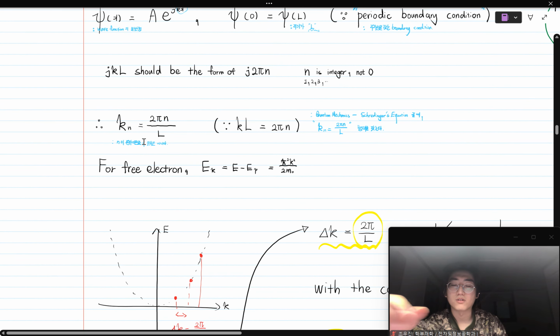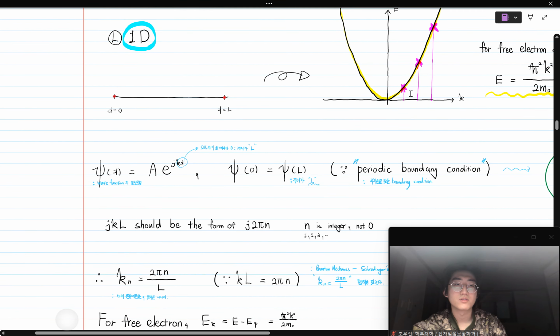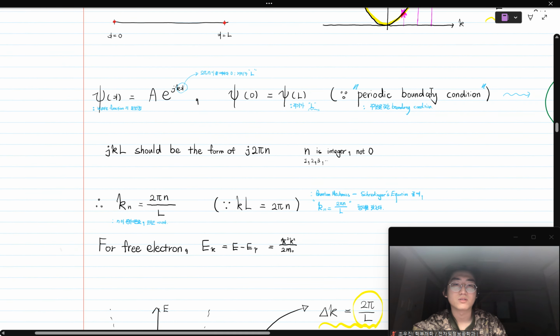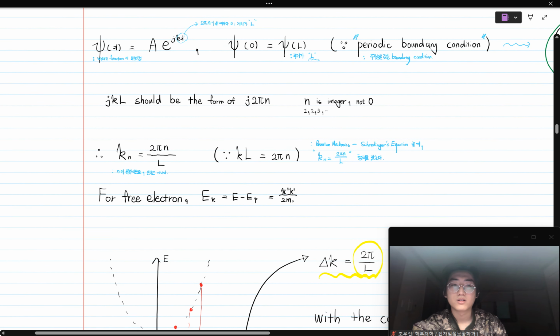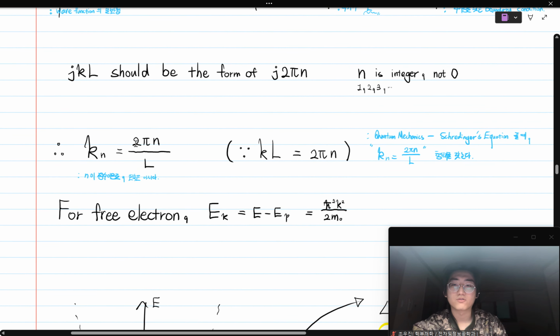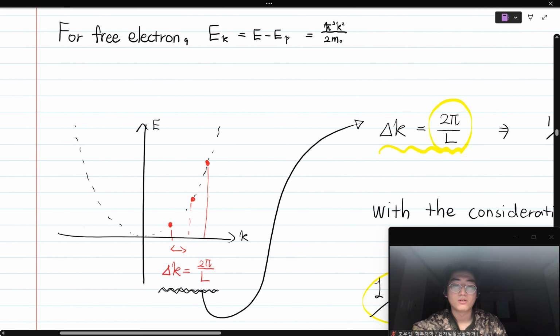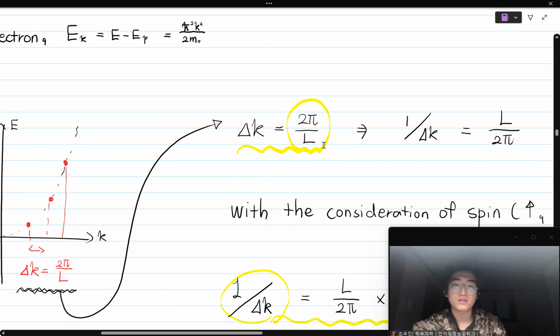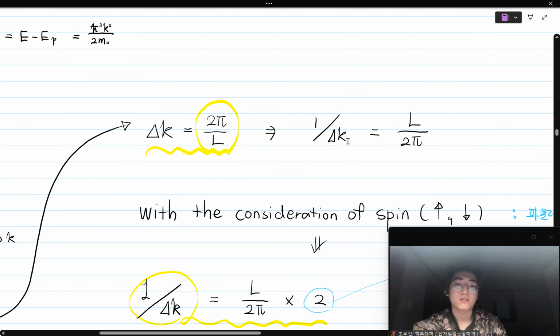This Kn means the available states, and it can be expressed as 2 pi n over L because the period is L. So this delta K can be expressed as 2 pi over L, and 1 over delta K can be expressed as this.